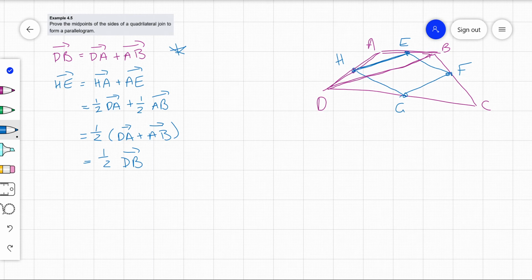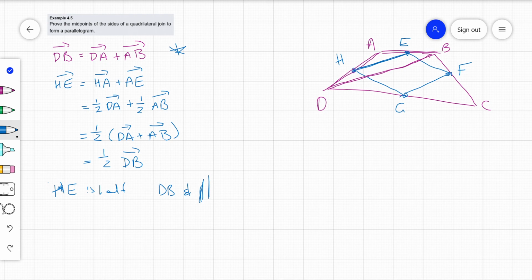We expressed DB in terms of DA and AB, and we expressed HE in terms of DA and AB, and it was half of that. So we know its length, therefore HE is half the length of DB and parallel.